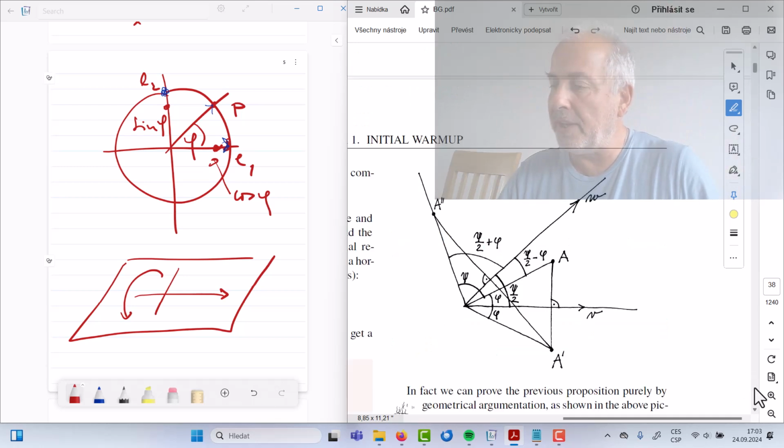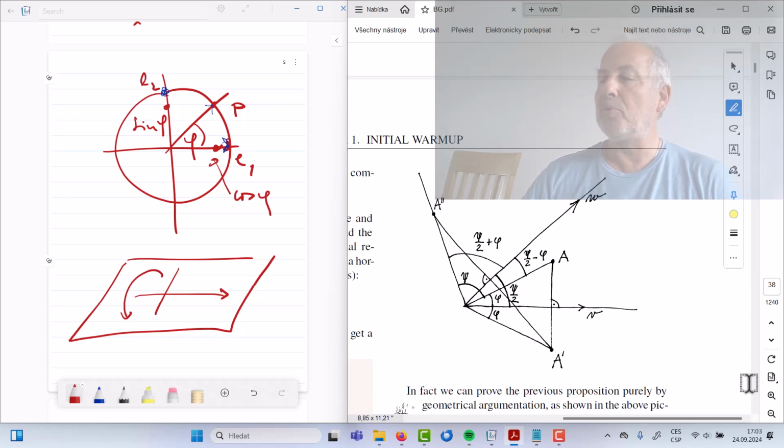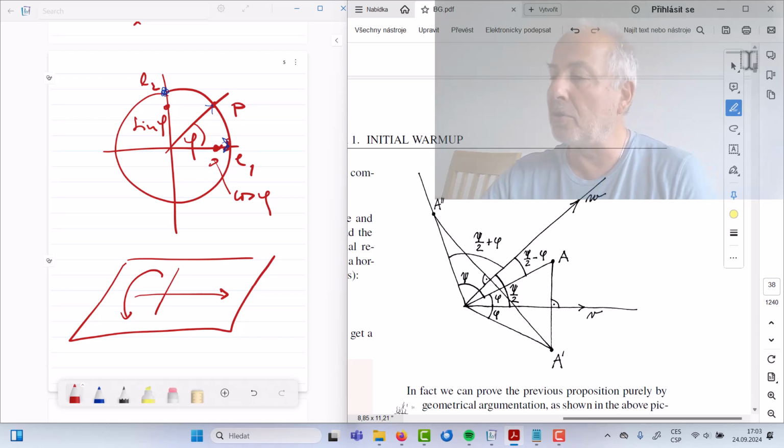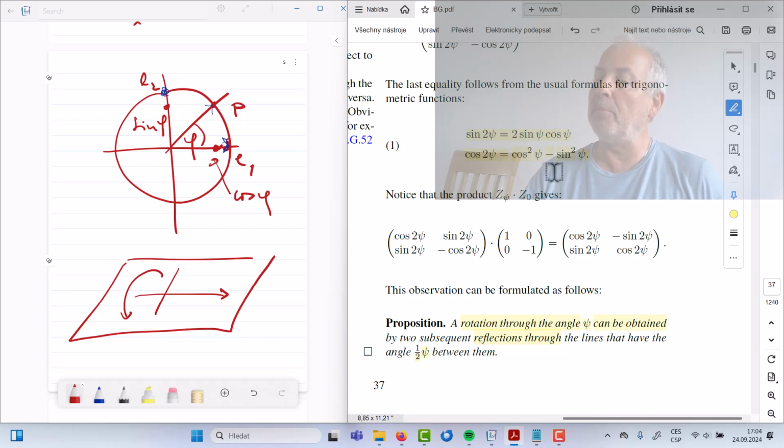So that's again a very useful thing, and you can enjoy looking at the proof, because either you believe in synthetic geometry and the proof from the picture, which is very concise and okay, and then what you get out of that is the well-known rules for the computations with double angles for the functions sine and cosine.